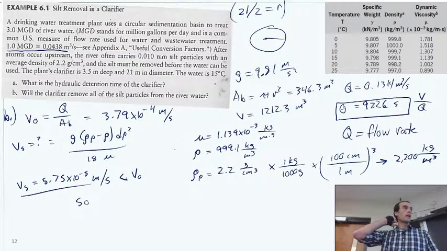Okay, so then the other possibilities here, another one would be to take the mu and let's see if we can find that, right? Actually, I forgot to write one of these here. Not the mu, excuse me, the rho p, 2.2 grams per centimeter cubed. We need to convert that into kilograms per meter cubed, and as a kind of a cheat code, you can generally assume that if our particles are settling, it should be at least the amount of density as the water.